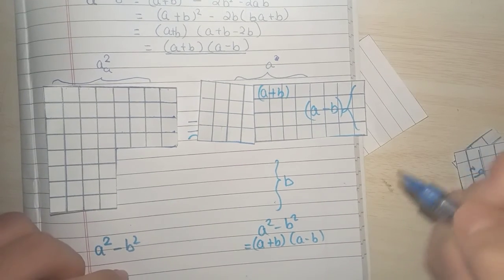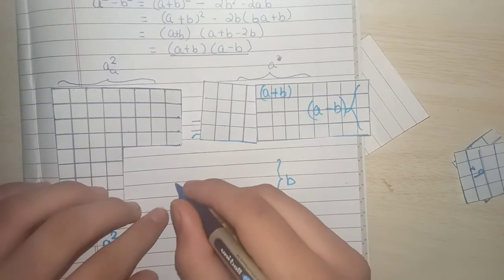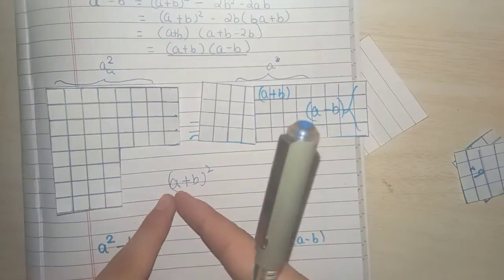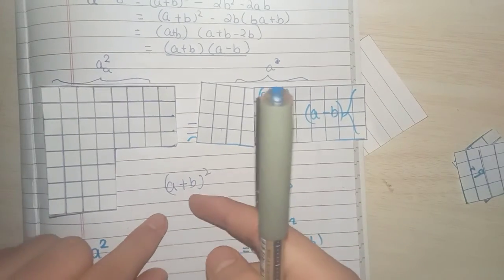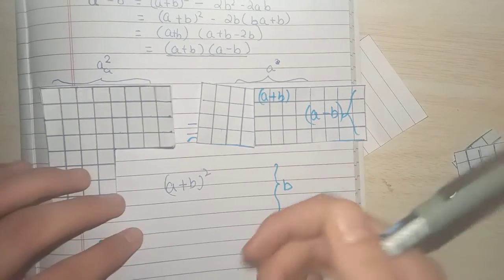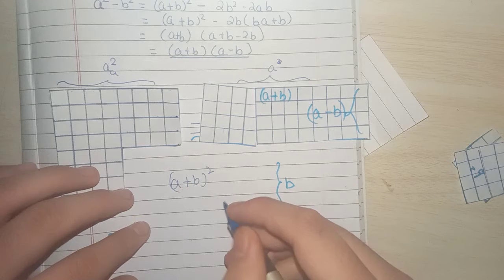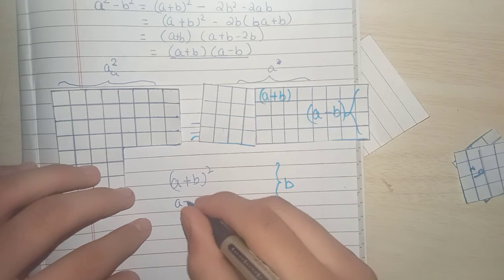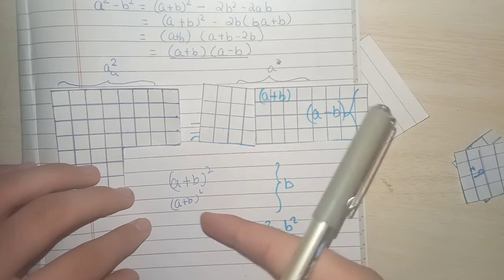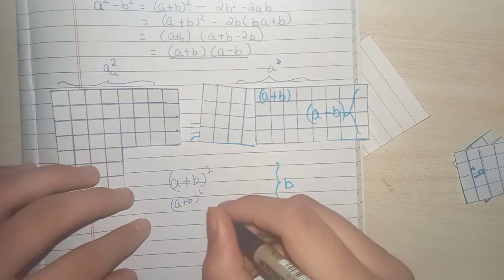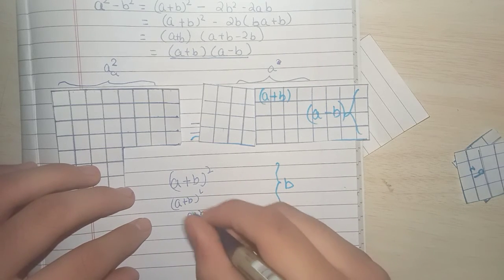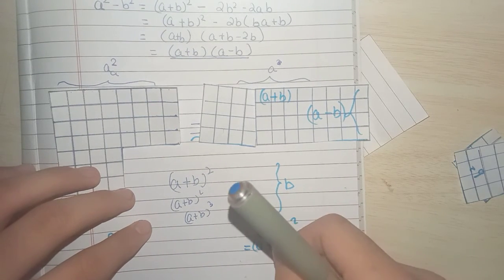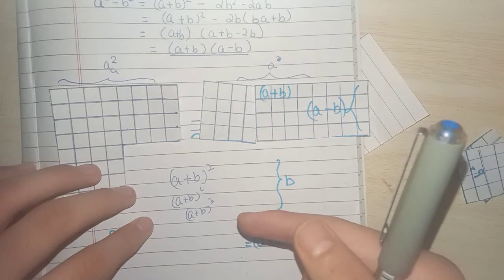And if we go ahead and think of some formulas like a plus b the whole squared as the area of a square with a side length of a plus b, then we can get it really easily. So we can think of a plus b the whole squared as literally the square of side a plus b, and a plus b the whole cube as literally the volume of the cube with side lengths a plus b.